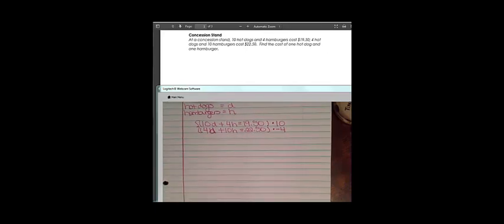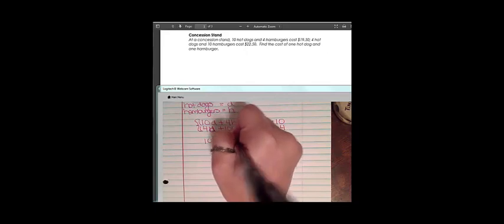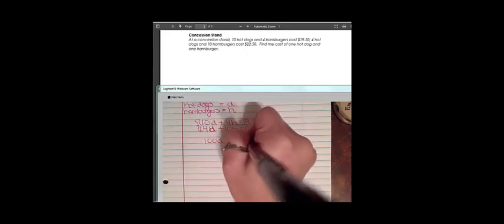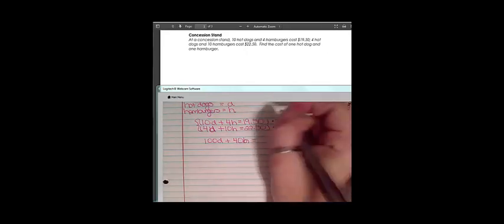Okay. So if I'm taking 10 times 10, that gives me 100D, plus 10 times 4 will give me 40H, equals 19.5 times 10 will give me 195.